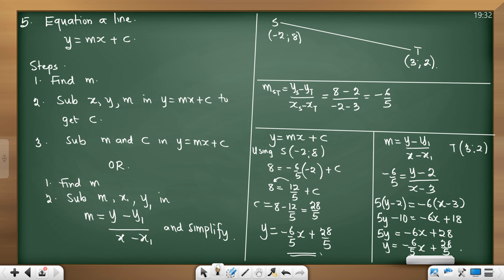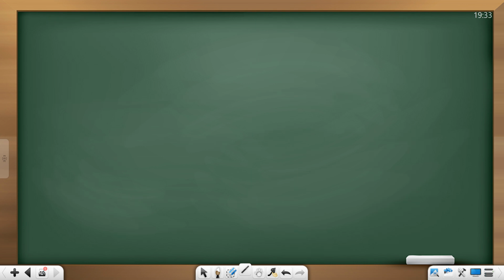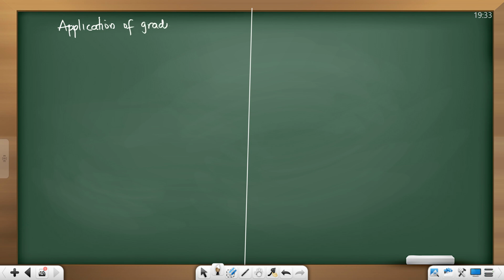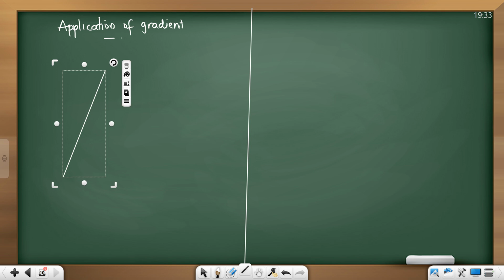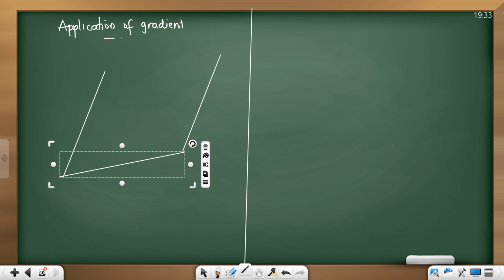Okay, let me do this as my last point for the day today. Application of gradient. I want you to watch this. If I give you two parallel lines, I hope my coordinates are going to work well for me.